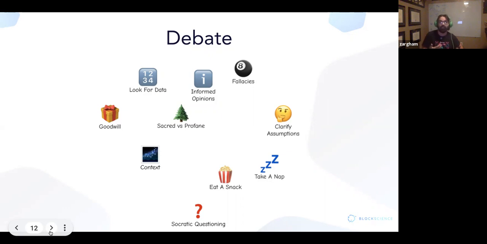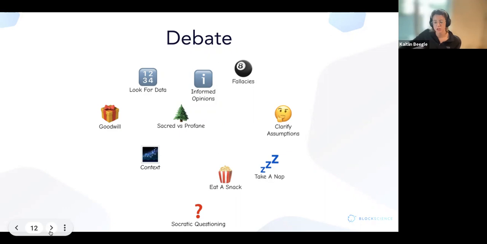Actually enabling an informed governance process means also discovering new alternatives through the debate process in order to actually converge on something that is more acceptable to a larger number of stakeholders rather than just being stuck with the initial ideas that are thrown out there or presented. And then the question.